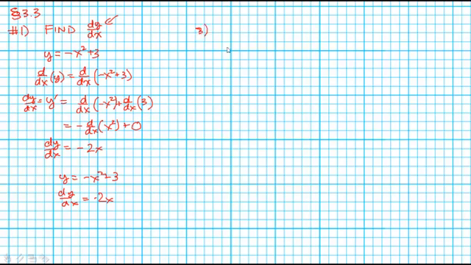In problem number 3, I'm told that y is equal to 2x plus 1. So what is dy/dx? Well, two ways to do this. Again, I can either be explicit and say that this is the derivative with respect to x of 2x plus 1, and say that's the derivative of 2x plus the derivative of 1, and then say the derivative of 2x is 2 times the derivative of x.